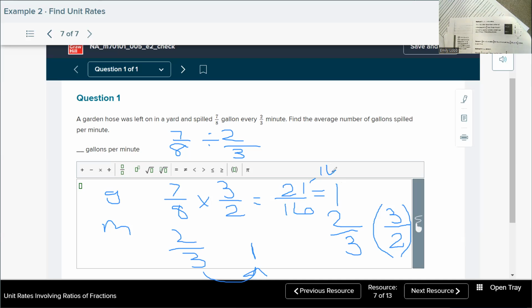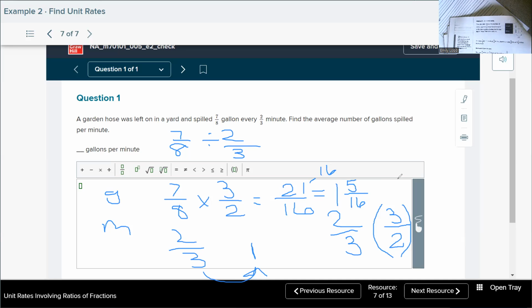How many are left if I take a whole group of 16 out? 5. And I write that over my denominator. So 1 and 5 what? 16. Okay, so that is 1 5/16 gallons per minute.